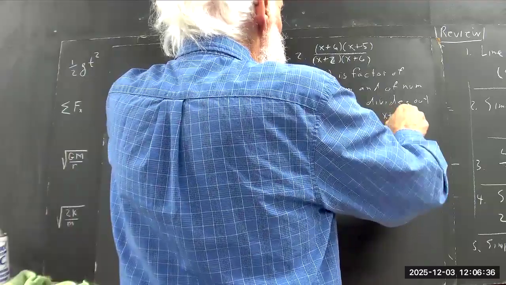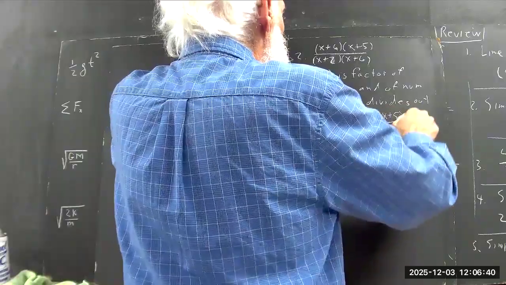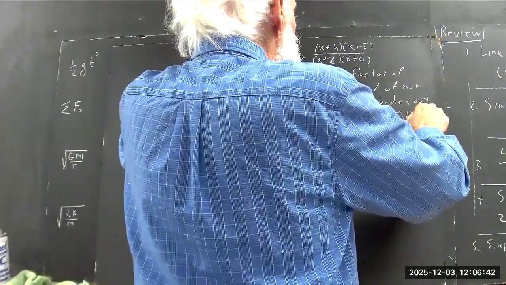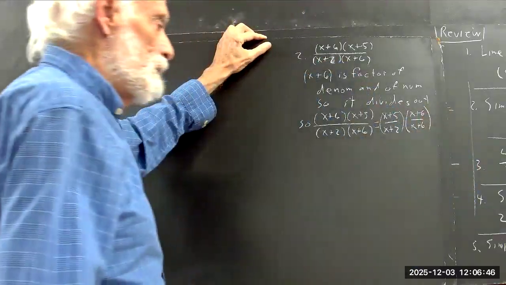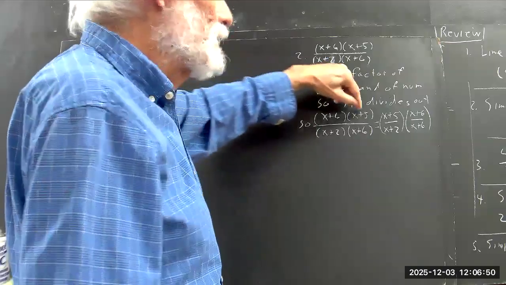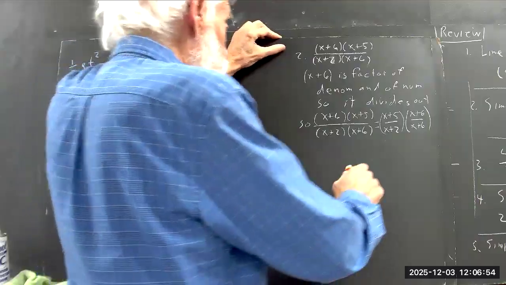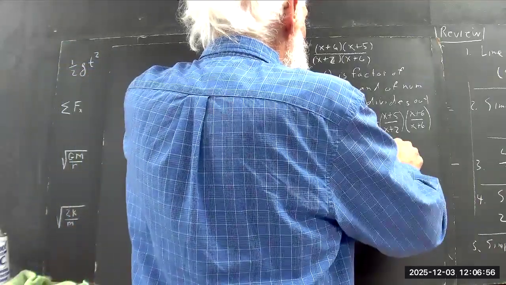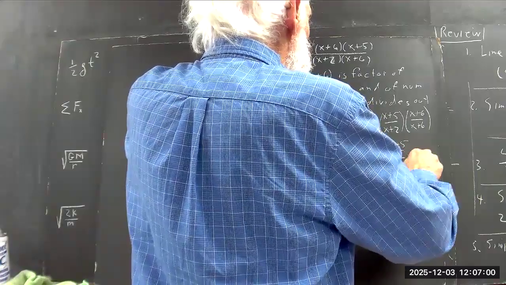You don't have to write out this stuff, but I think it's a good idea. x plus 5 over x plus 2 times x plus 6 over x plus 6. If I multiply the numerators, I still get the same numerator. If I multiply the denominators, I get the same denominator. So this equals x plus 5 over x plus 2.